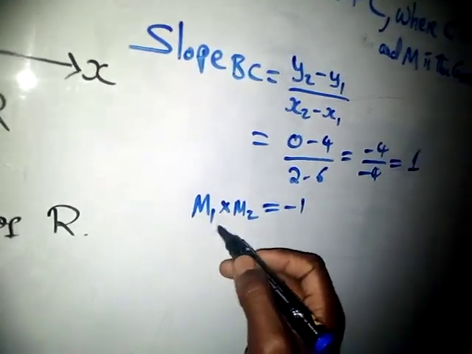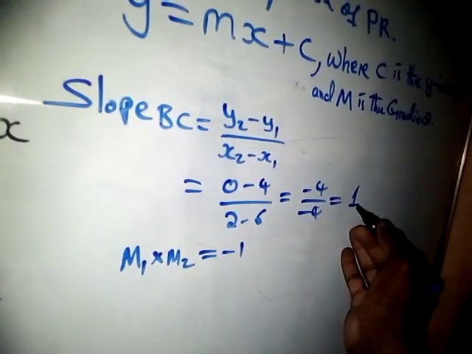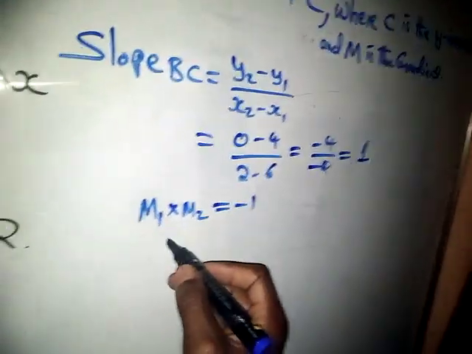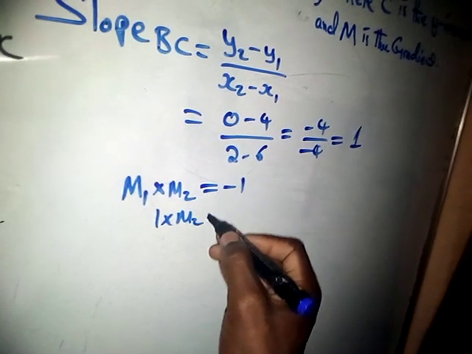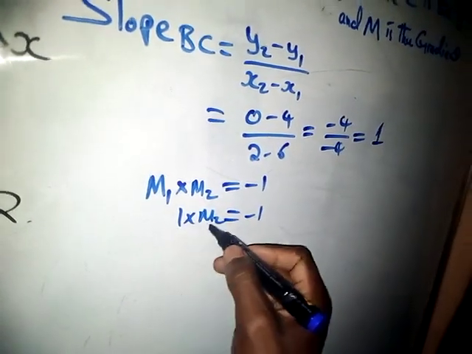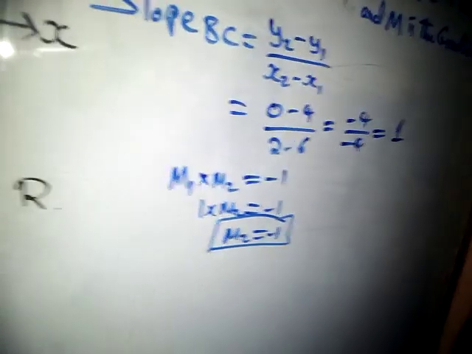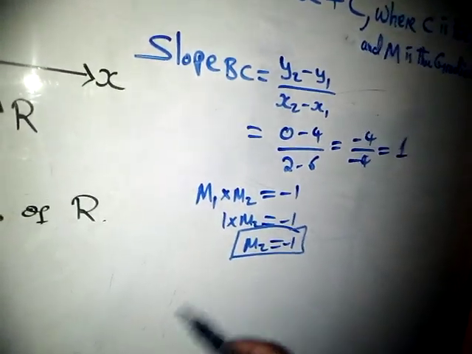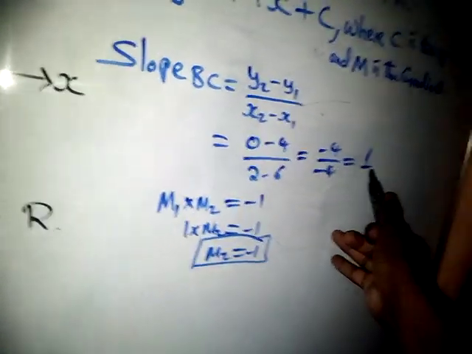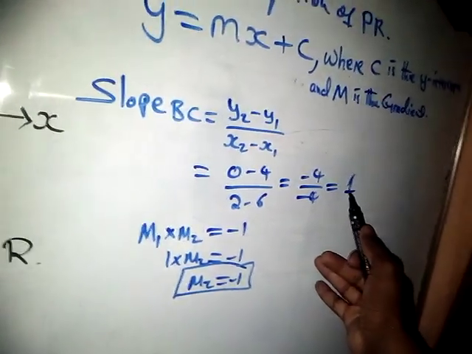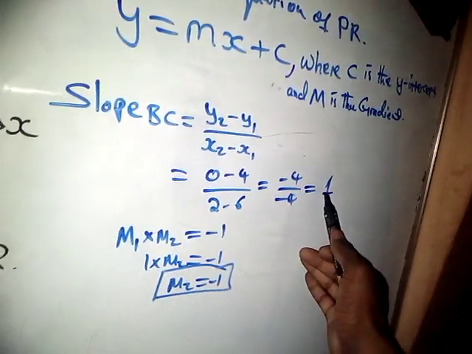So 1 times M2 equals minus 1, which is simply M2 equals minus 1. So the gradient of line PR is the negative reciprocal of the gradient of BC.